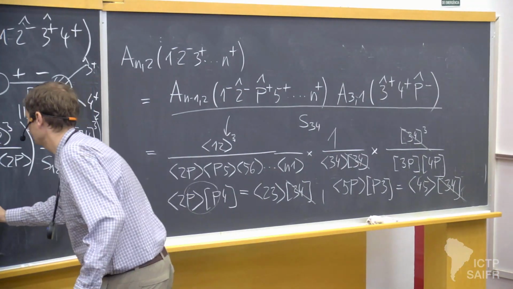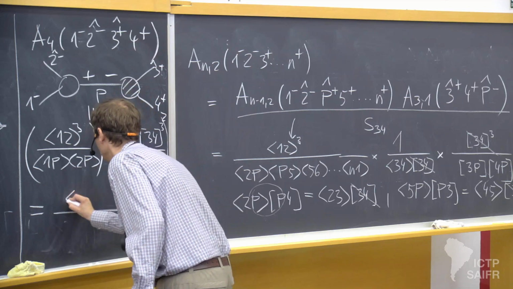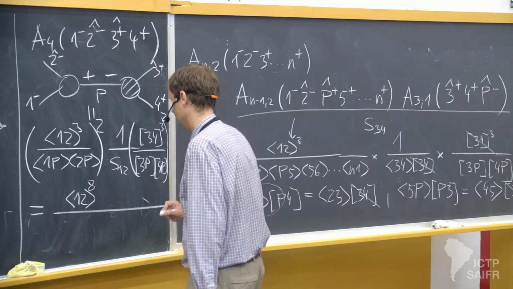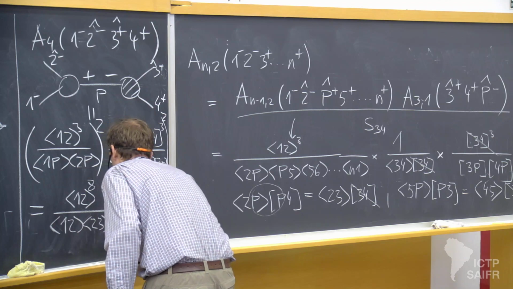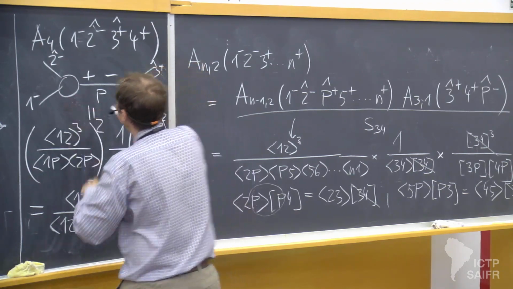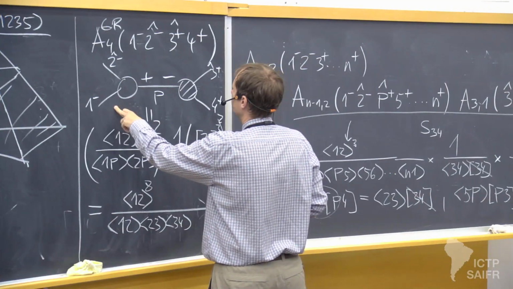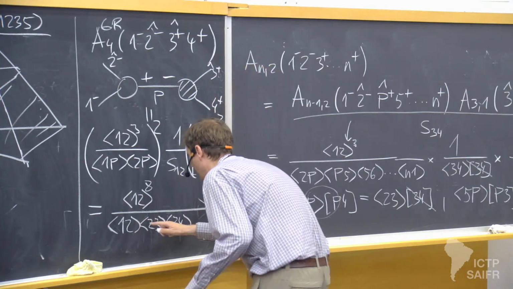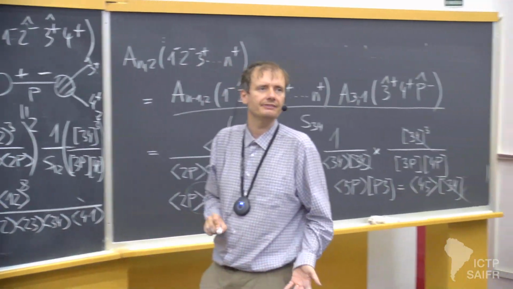So once you do it, you get the following expression. You get ⟨1 2⟩ to the 8 in the numerator. Then you get ⟨1 2⟩⟨2 3⟩. An important thing here: you don't have only these poles that we had before, but you have all poles, because there is no cyclic ordering for gravitons.